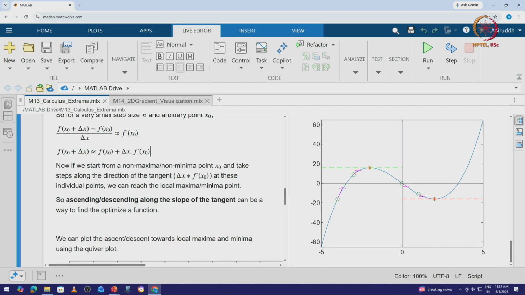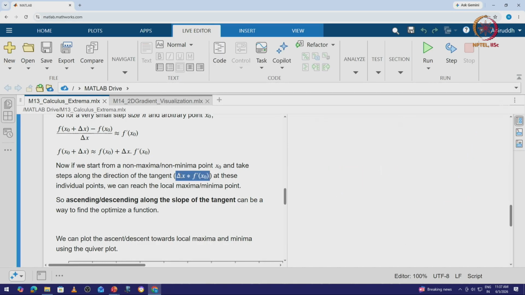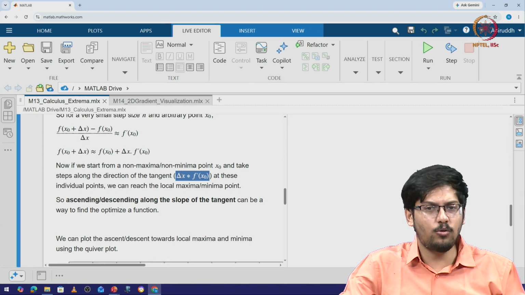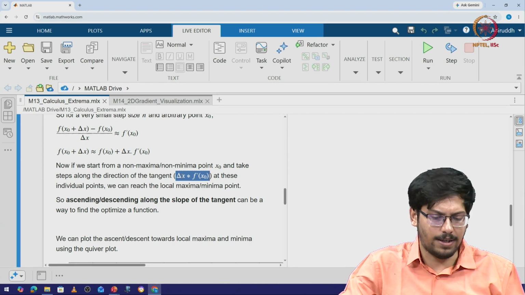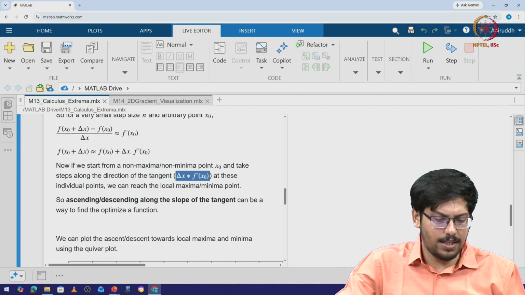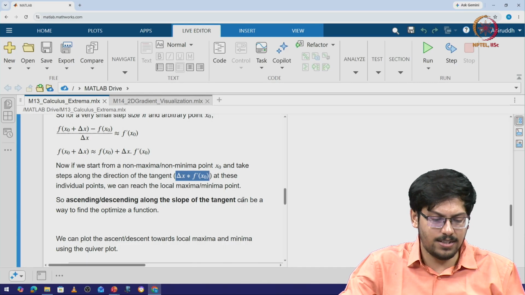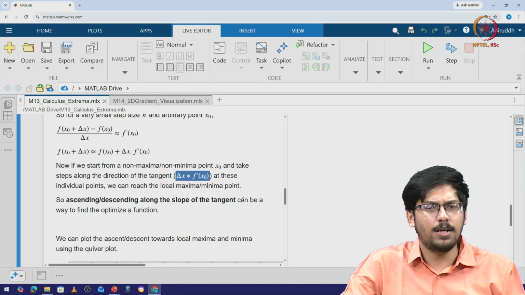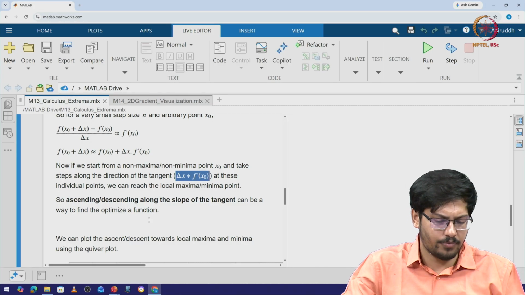This is a very important part of our gradient descent learning algorithm. Whenever we move a step size in the direction of the tangent, given as f dash x0, we are moving towards either a local minima or local maxima. So ascending and descending along the slope of a tangent can be a way to optimize any function to find a particular minima or maxima.